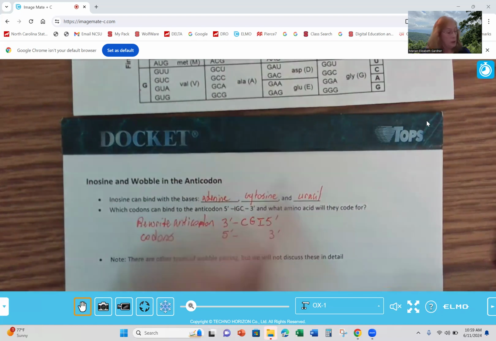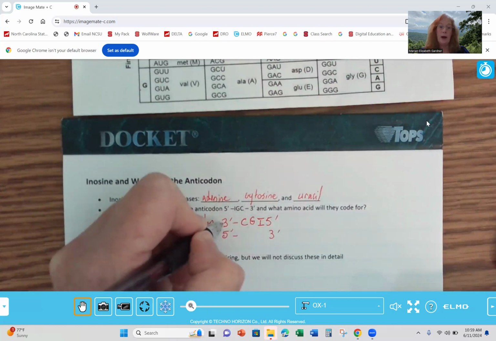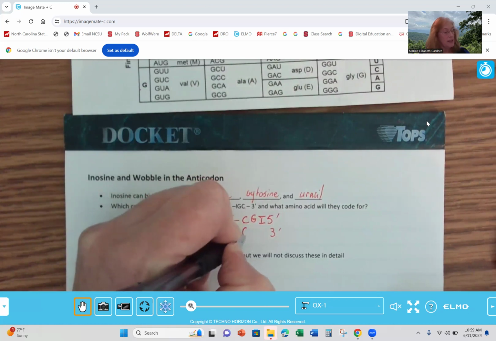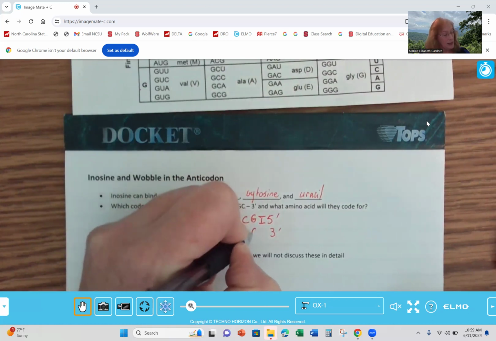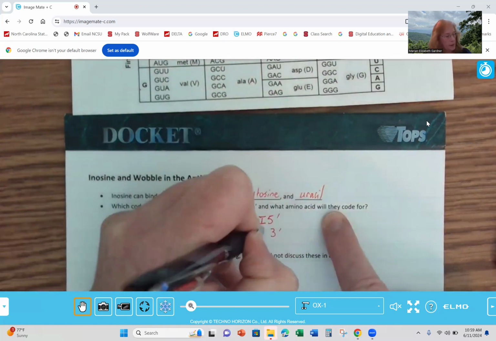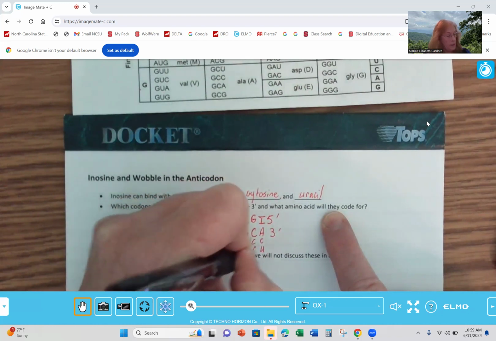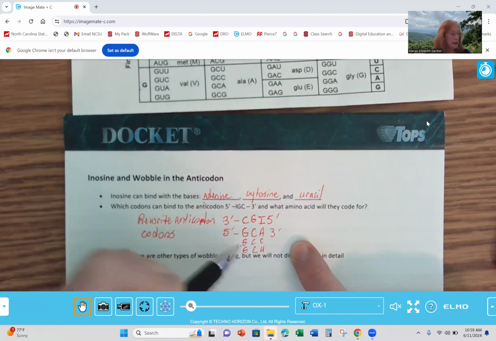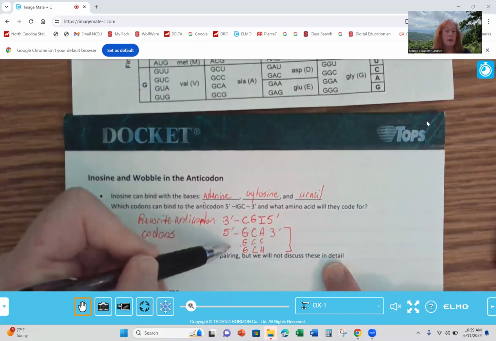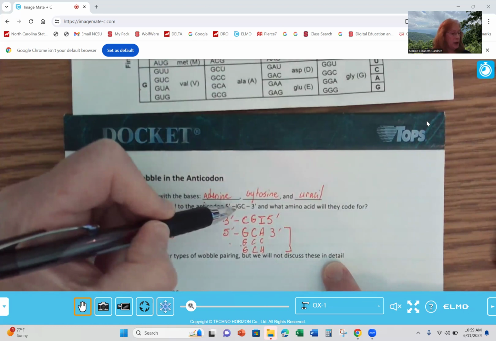So that means the codons would have to be anti-parallel, 5' here, across from 3', and complementary. Across from a C, we'd have a G, across from a G, we'd have a C. And then remember, I combine with A, C, or U. So GCA, GCC, and GCU would all be codons on the messenger RNA that would bind with a transfer RNA that had this anticodon.